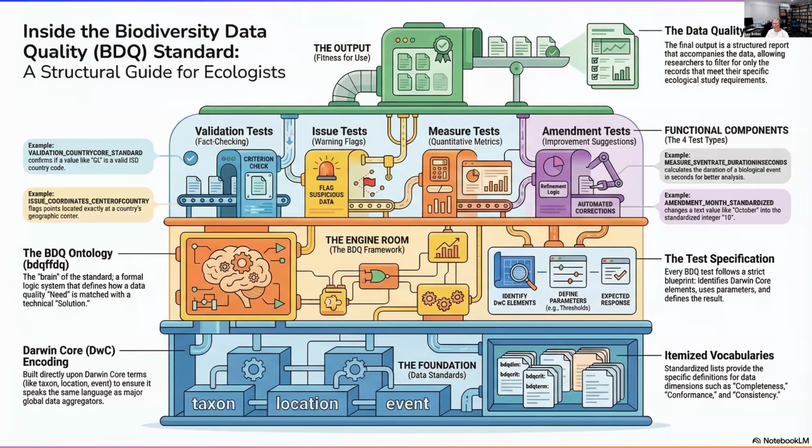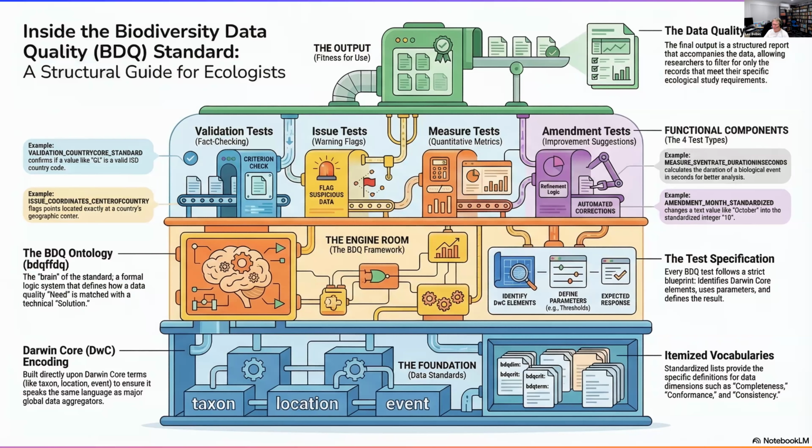And while we have based BDQ on Darwin Core, it is functionally independent of Darwin Core. Sitting at the bottom, you've got a bunch of vocabularies. I think we're up to about 6 now, but Paul might want to correct me on that at some stage. I haven't just counted it up in the last few days because we've actually split one of them up recently. And an ontology, which is comprehensive.